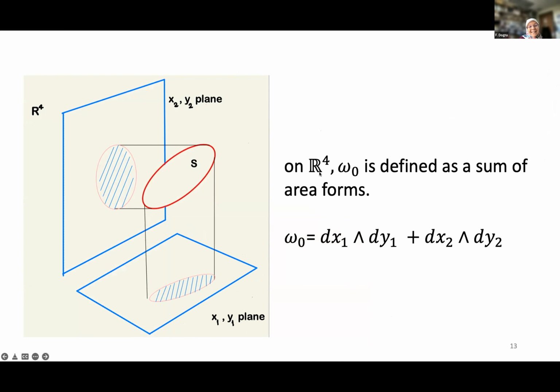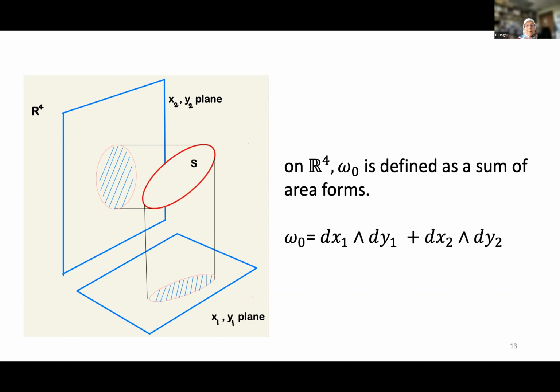On R4, the symplectic structure is defined as the sum of the area forms in each R2, with the total being R4. If you look carefully at the location of the surface, and orient and rotate it a little bit, you will be able to find zero area even though it is a surface. It's pretty strange for me.